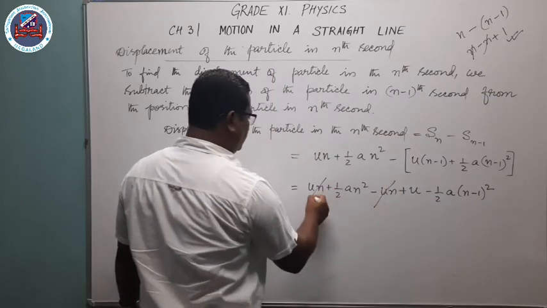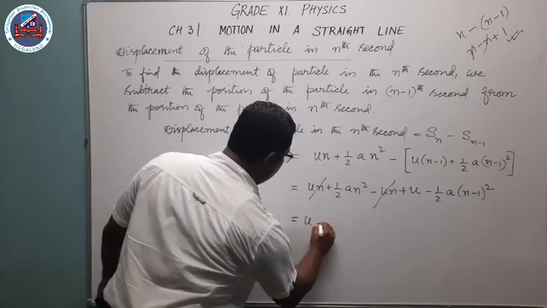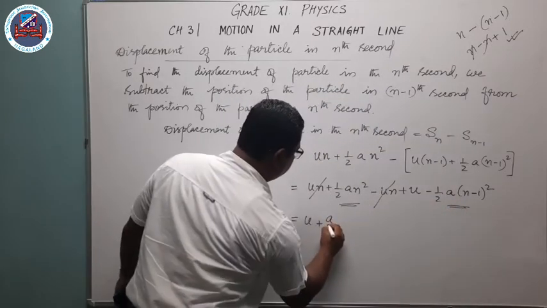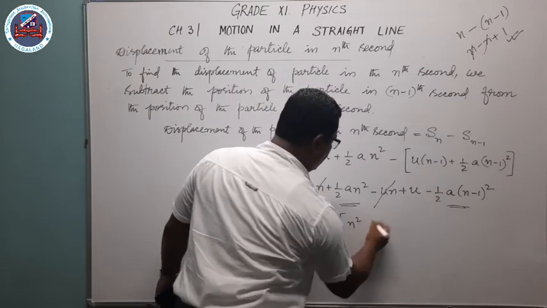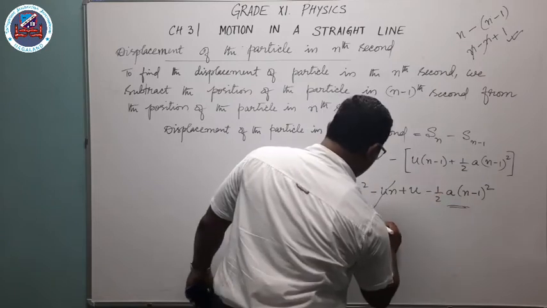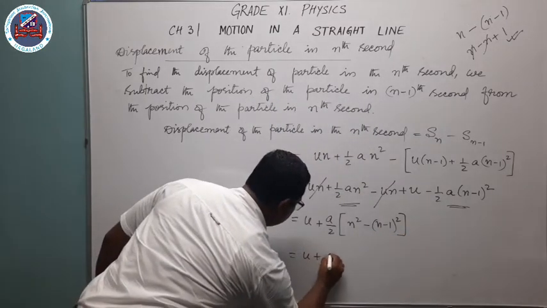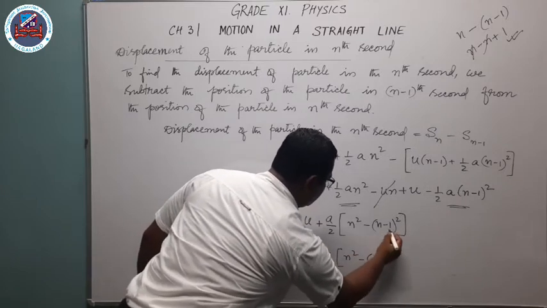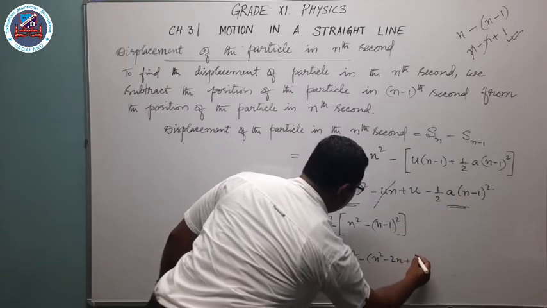Then this un term you can cancel out. This odd looking term u you write first, plus from this term and this term, if you take a by 2 common, then you will get n square, and here minus a by 2 you took common, so (n minus 1) whole square. So it will become u plus a by 2 times n square minus, a minus b whole square is a square minus 2ab plus b square, and 1 square is 1.